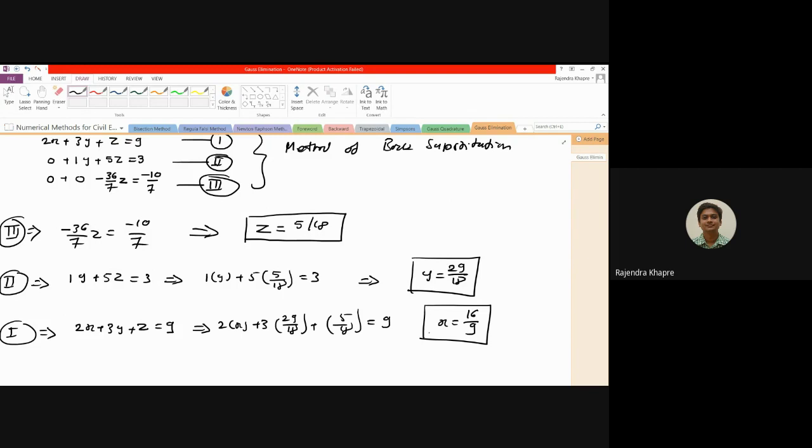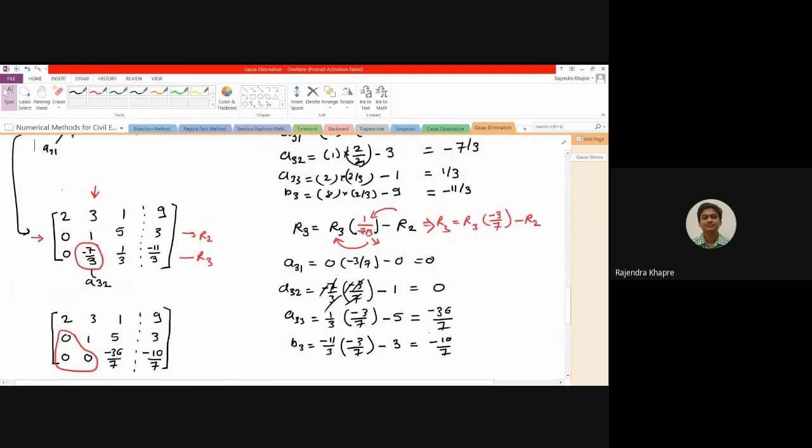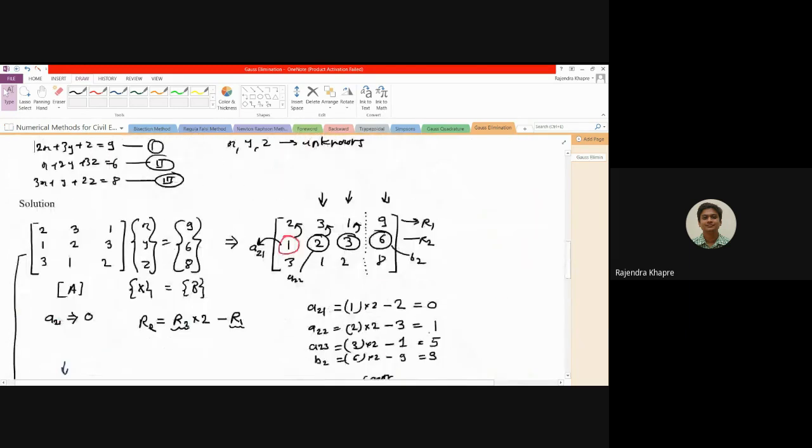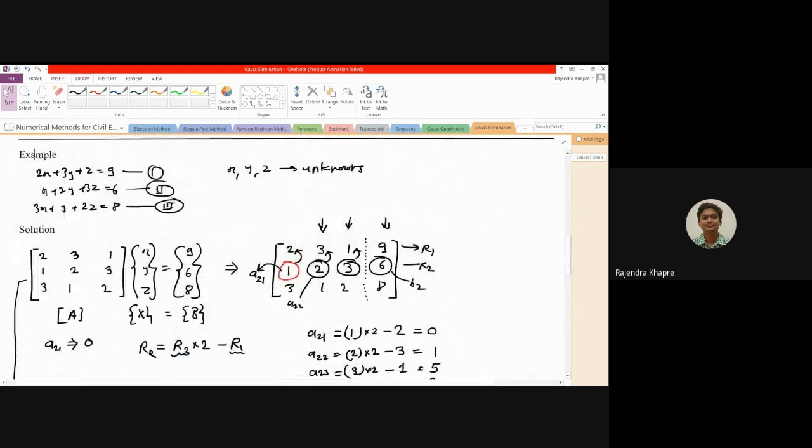ठीक है, so now you should know that these three unknowns, that is x, y and z, we have the values. But if you see the original equation, if you substitute the values of x, y and z, चाहे वो आप इस इक्वेशन में सब्स्टिट्यूट करो, after substituting the values of x, y and z, you should get the corresponding values over here.